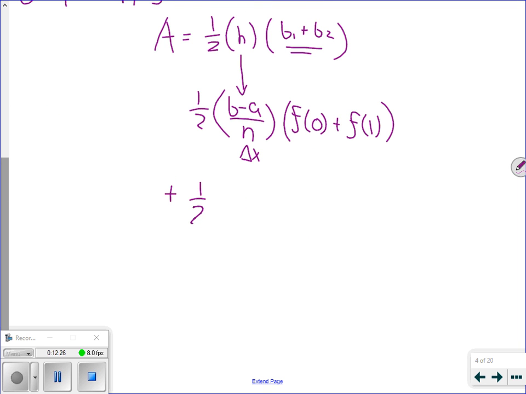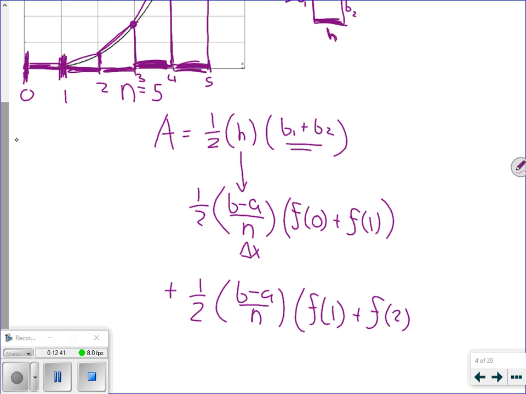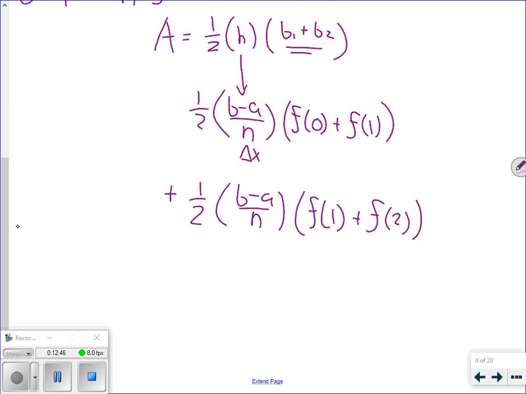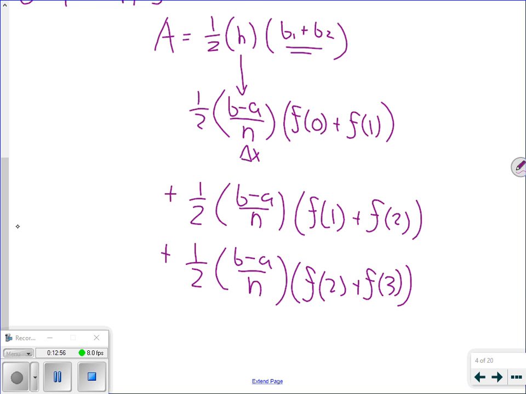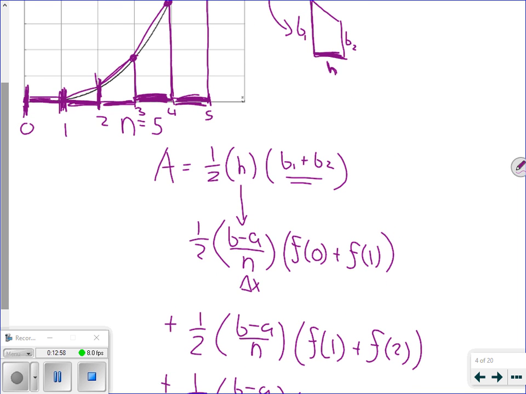The area of the second trapezoid is the same height and the same 1/2, but instead of f of 0 and f of 1, it's f of 1 for base 1 and f of 2 for base 2. You see what I'm saying here? I'm using this as my base 1, this is my base 2. And then the next one is going to be 1/2 (b minus a) over n, and then f of 2 plus f of 3. So this value and this value.